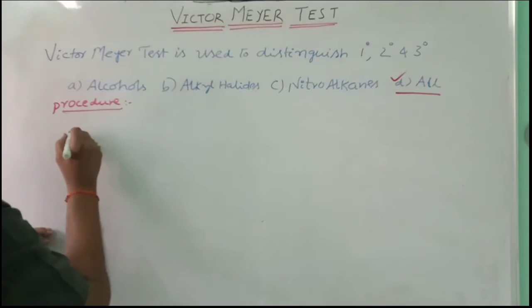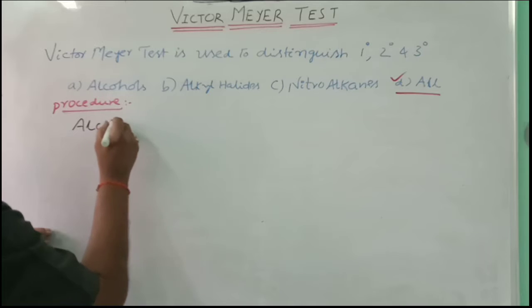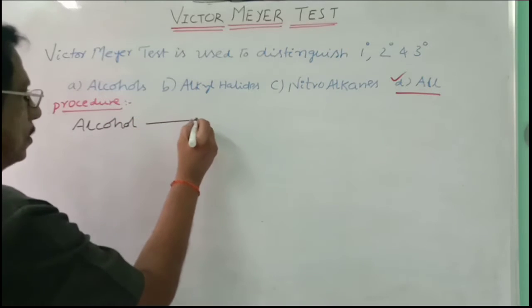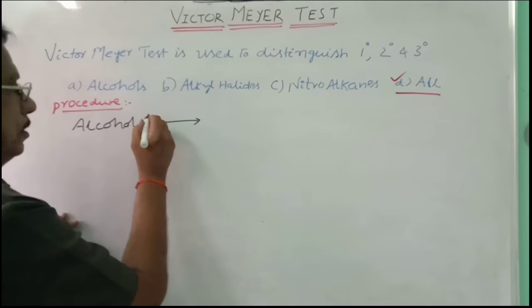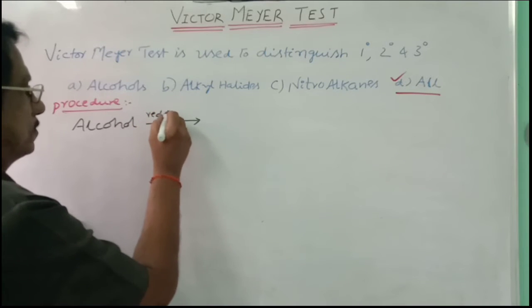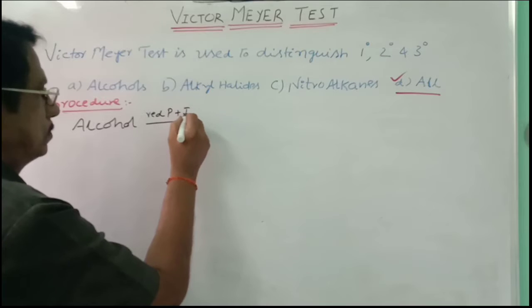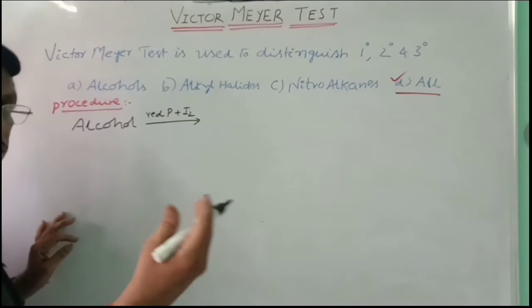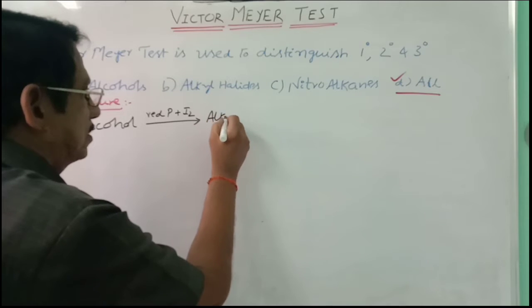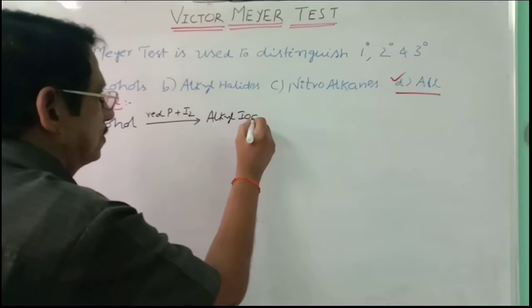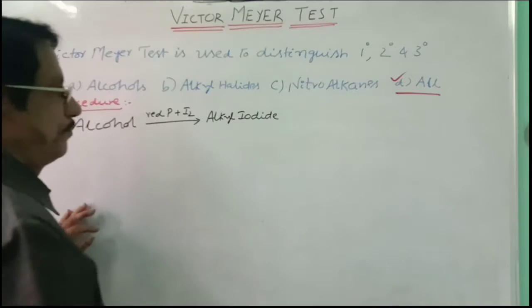You have to take first alcohol. Alcohol is treated with red phosphorus plus I2, thereby OH is replaced by I. You will get here alkyl iodide, right?